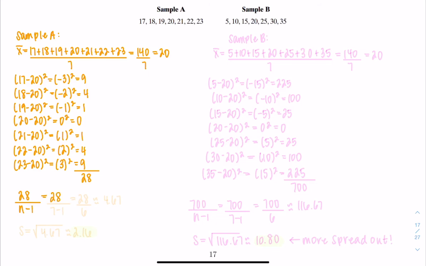So that's 28 over 7 minus 1, or 28 over 6. And that's approximately 4.67. And then the last thing you do is you take the square root of that number, and so you get about 2.16.